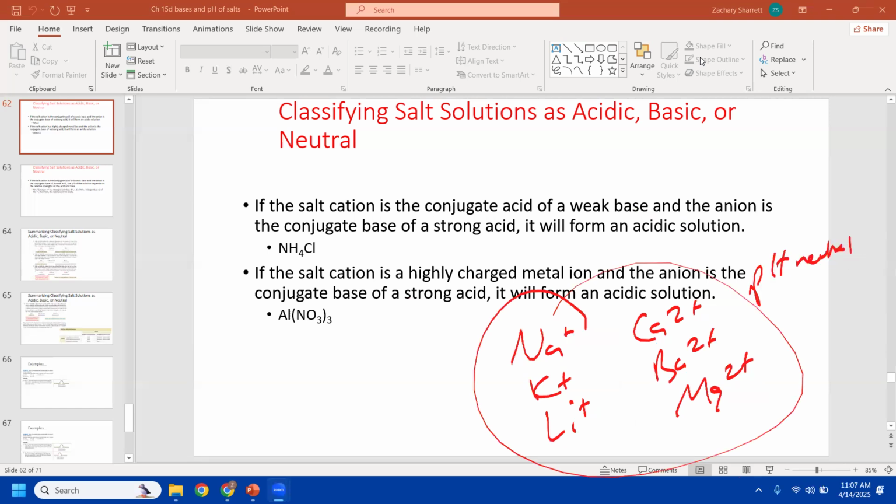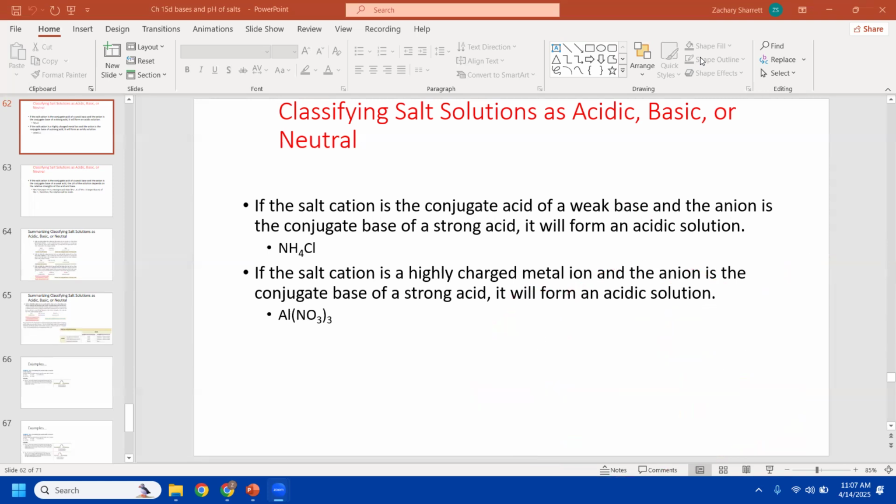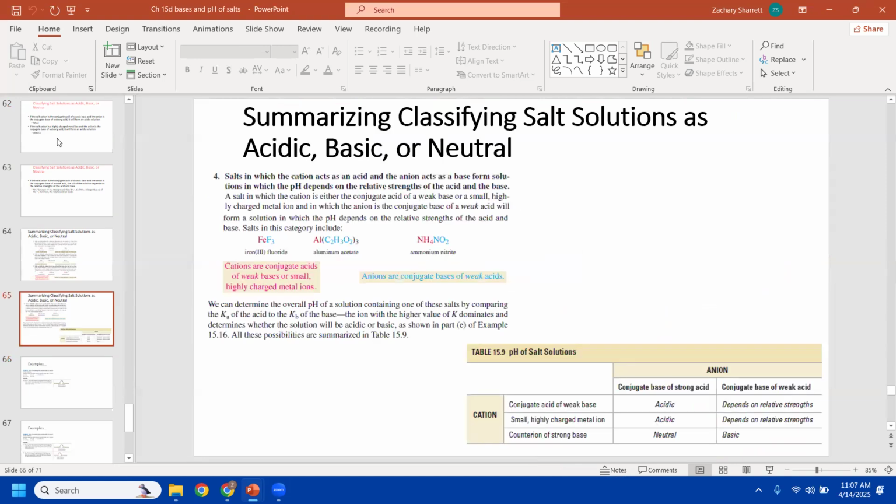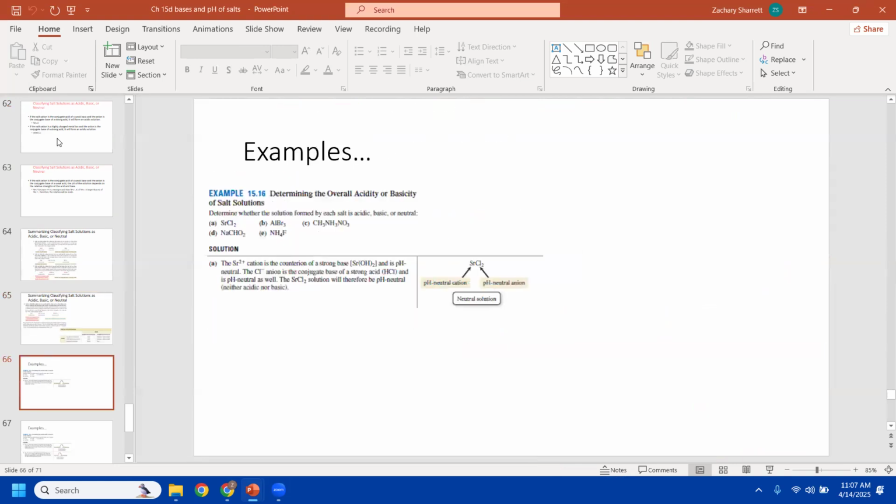Now, anything that's not the pH neutral ones means they're either going to be acidic or basic. The acidic or basic ones, you can usually look at the charts to figure that out. So for this kind of thing that I'm going to ask you on the test, let's look at every single one of these examples, right? So we have strontium chloride, SrCl2.